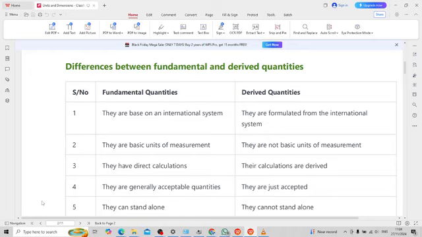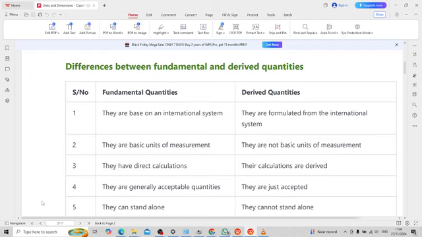Fundamental quantity, one, they are based on an international system. Okay, we have the system that is agreed by the scientists, and they are based on that. So they are the basis, they are the foundation of the system. While derived quantities are formulated from the international system.